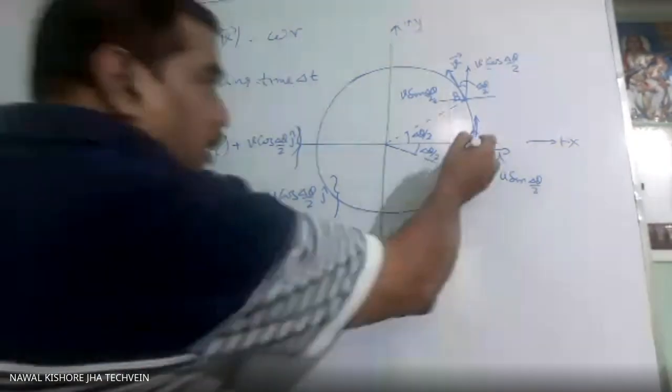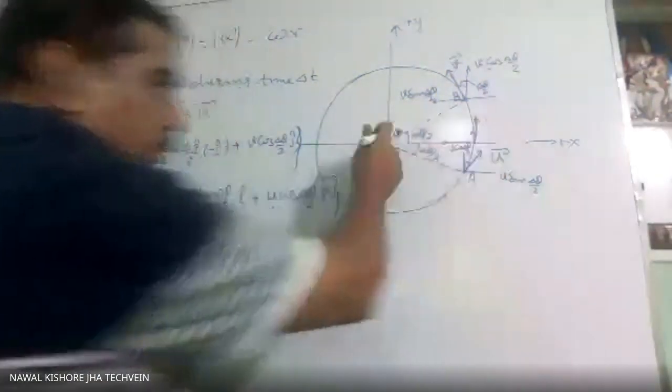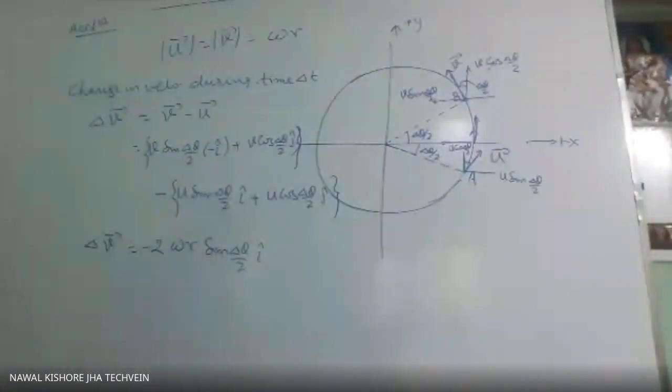That is delta v in this direction. It is towards the center along the radius.